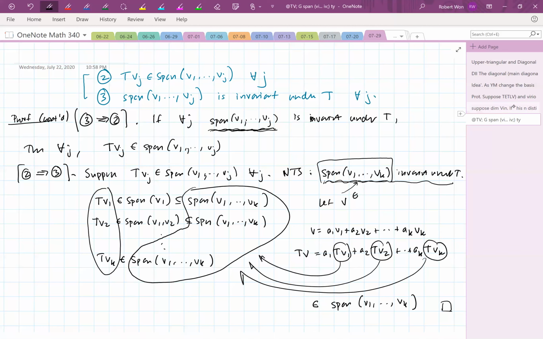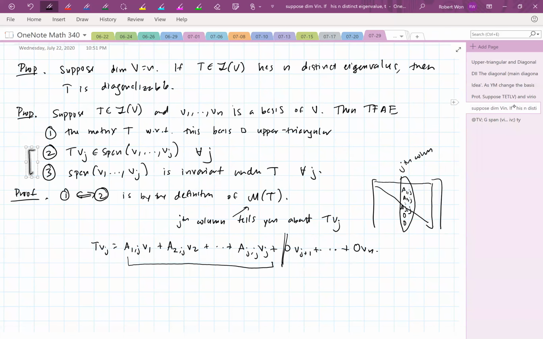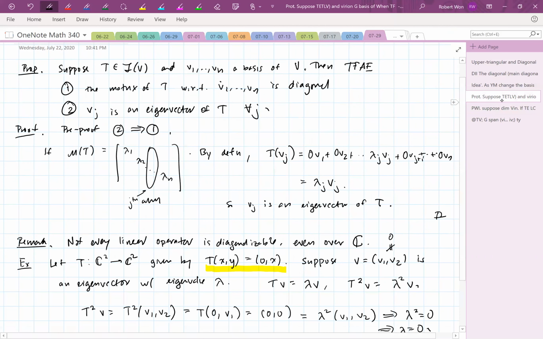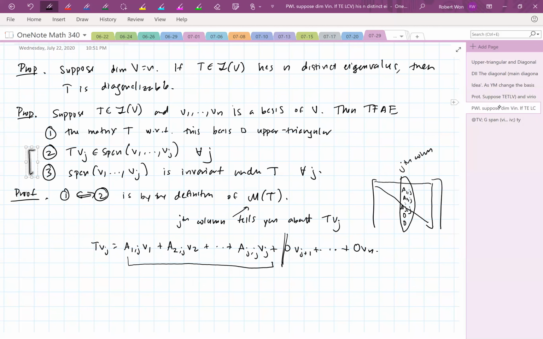Okay, so to be diagonalizable has a very clean interpretation. It just means that you have a basis of eigenvectors. To say that you're, I guess we could call this upper triangularizable, or in other words, to say that your matrix with respect to the basis is an upper triangular matrix is saying something a little bit less clean.